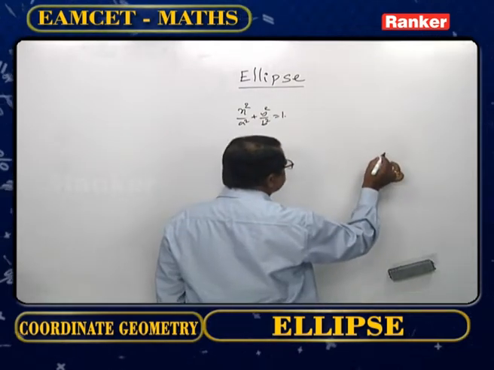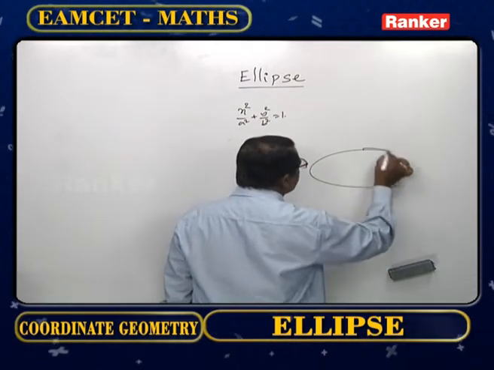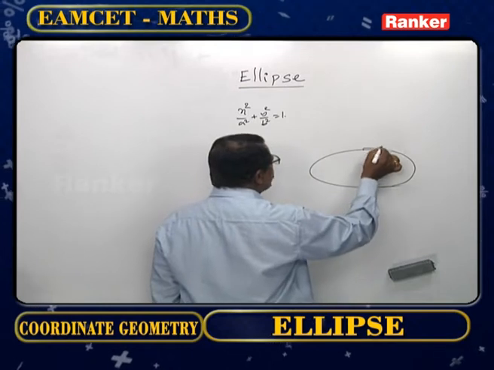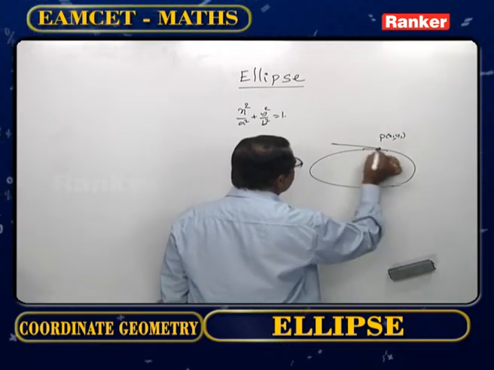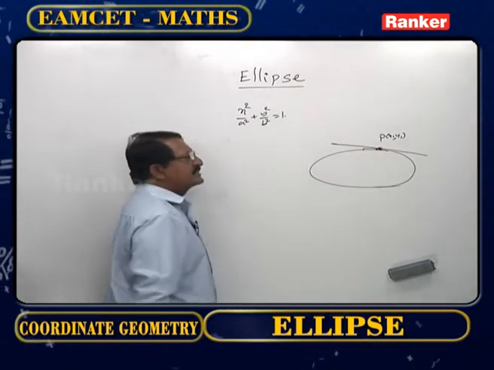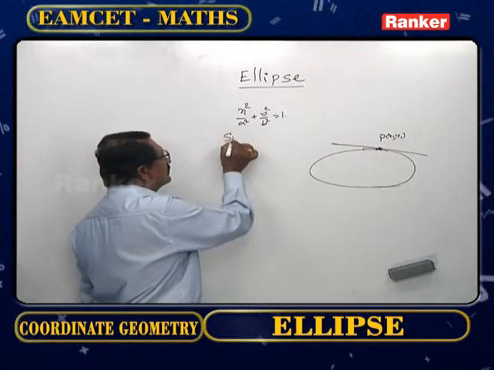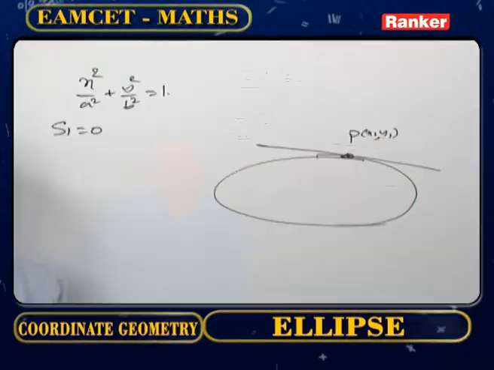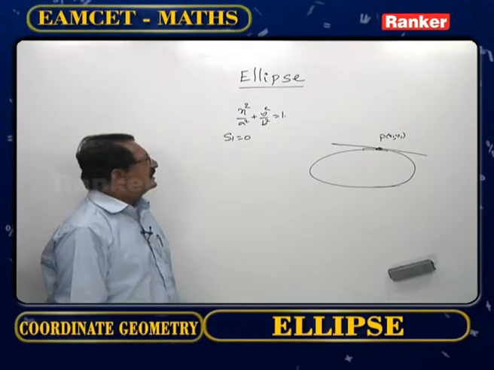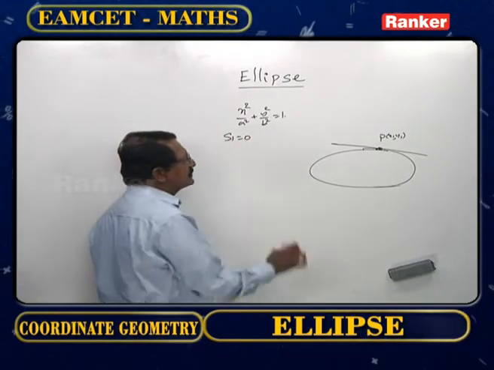Now P(x1, y1) is a point on the ellipse. Then the equation of the tangent at the point P(x1, y1) is S1 equals 0. If the equation of the ellipse is S equals 0, then the equation of the tangent at (x1, y1) is S1 equals 0.